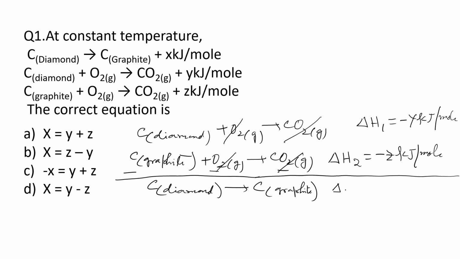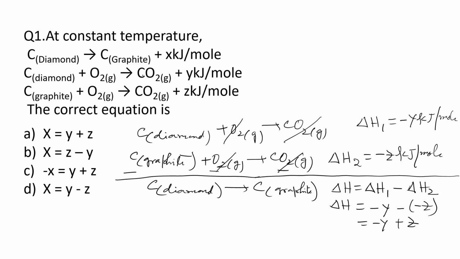Here delta H will be equal to delta H1 minus delta H2, as I have subtracted. So delta H is equal to minus Y, then minus of minus Z. So it is minus Y plus Z.